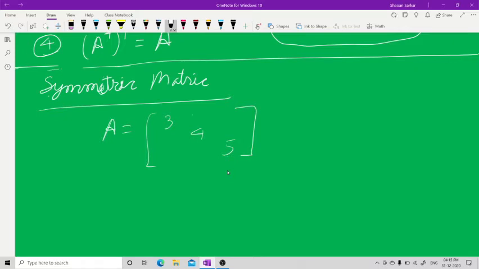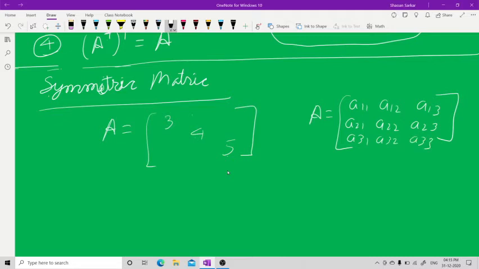First I write in this fashion: A11, A12, A13, A21, A22, A23, then A31, A32, A33. Now these are your diagonal elements, the principal diagonal.